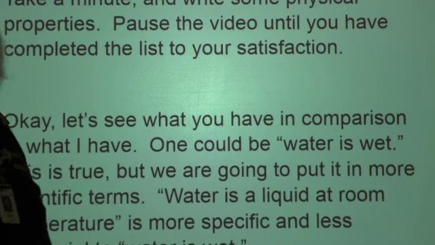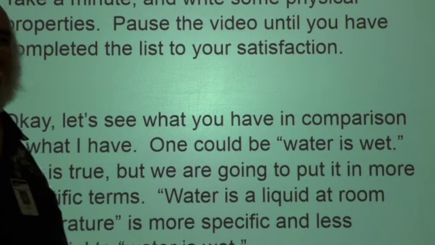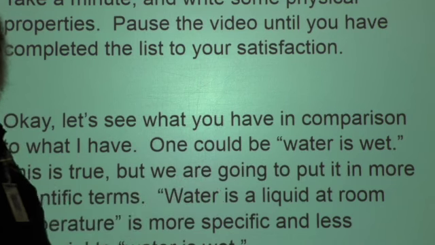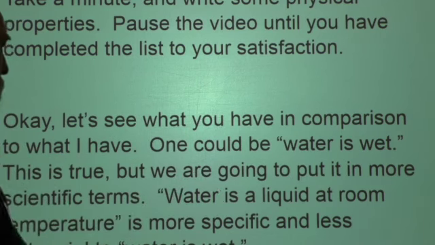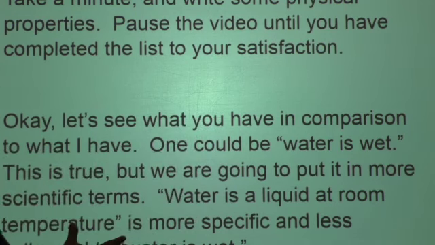They may not have rain or anything like that, but what they do have over there, most likely, are phases. Okay? So phases are states of matter, like solid, liquid, or gas. And there are others as well that we'll get into later on. So instead of saying water is wet, you put it in more scientific terms, you say water is a liquid at room temperature.